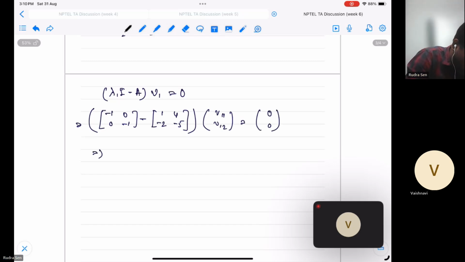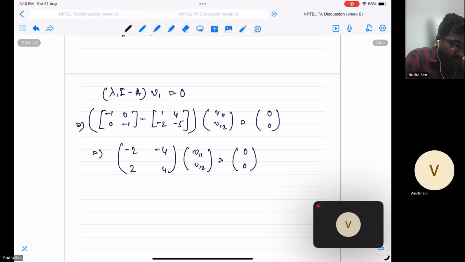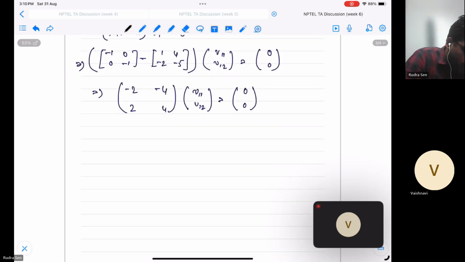So what we get over here is minus 2, minus 4, 2, and plus 4. So v1 is basically 1, sorry, 1 and minus 0.5.